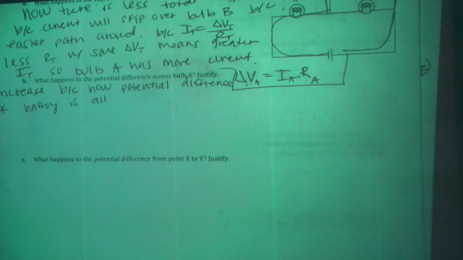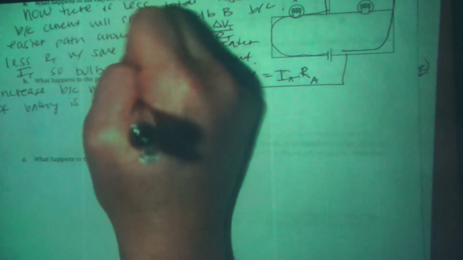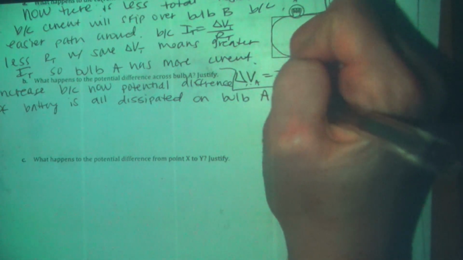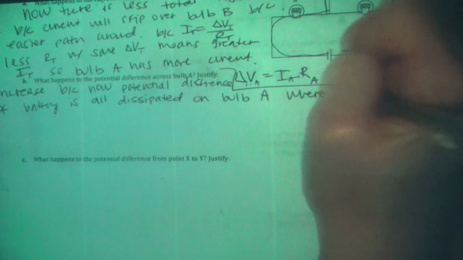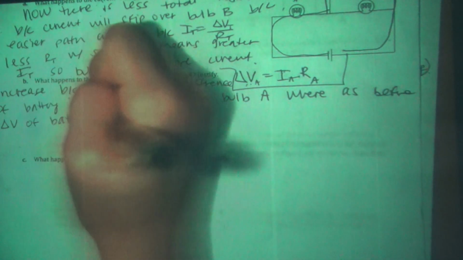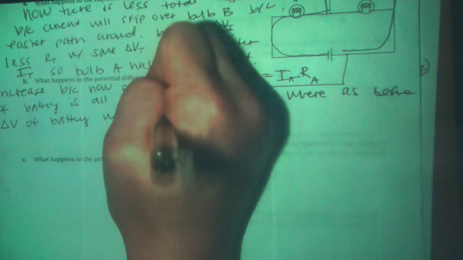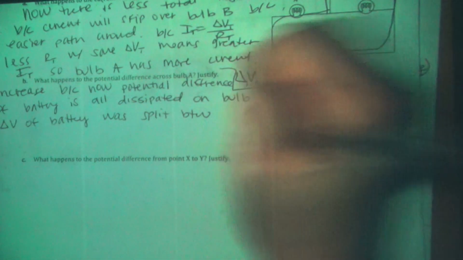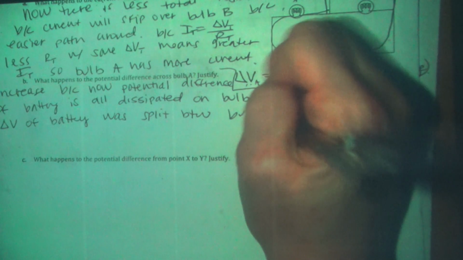Yeah, I said dissipated. It is all dissipated on bulb A, whereas before, the voltage of the battery was split between bulb A and bulb B.